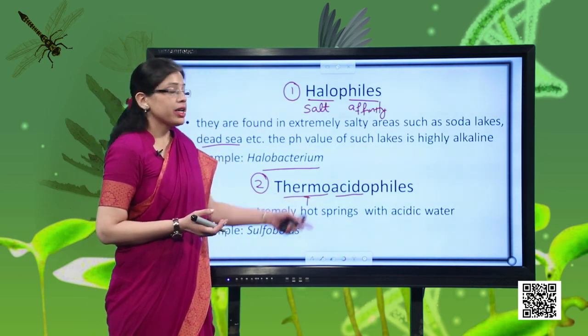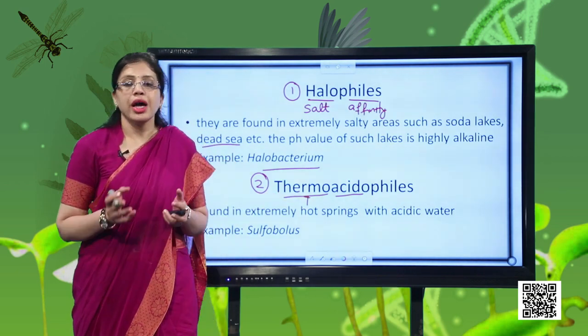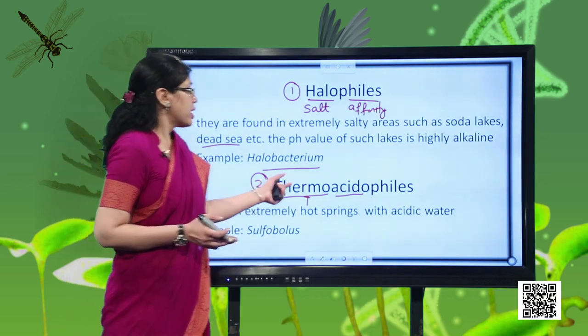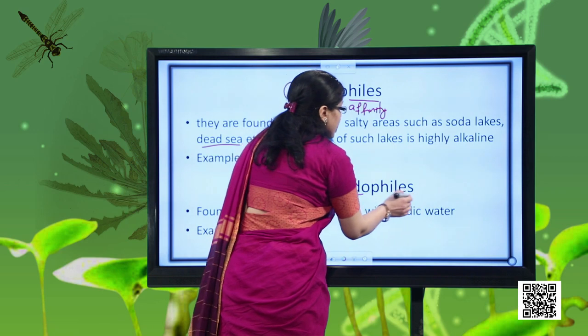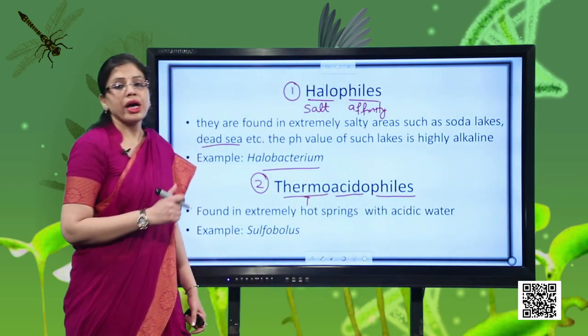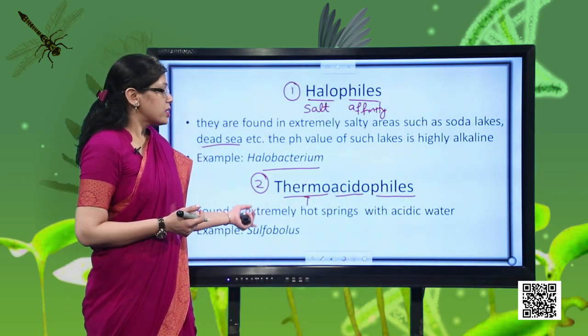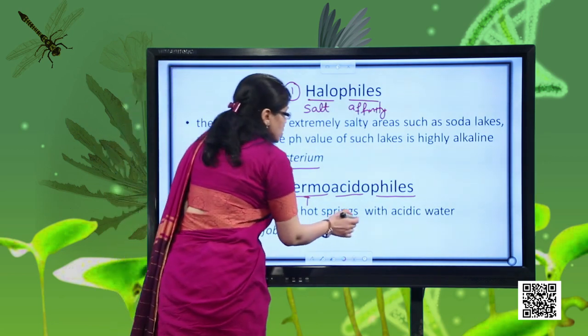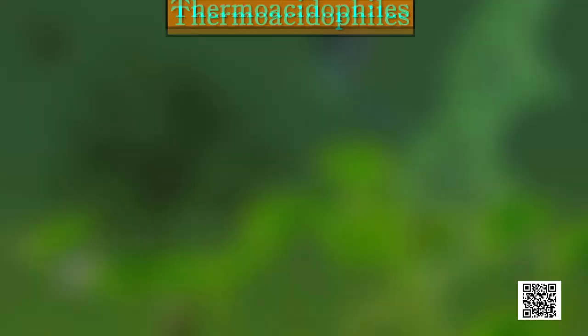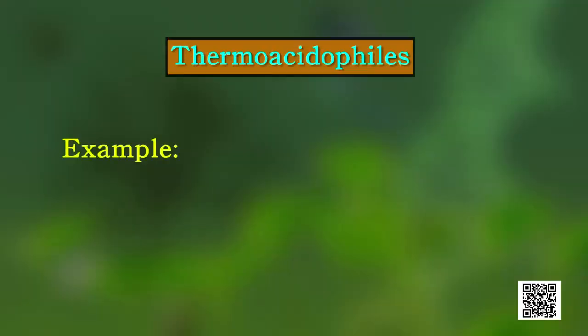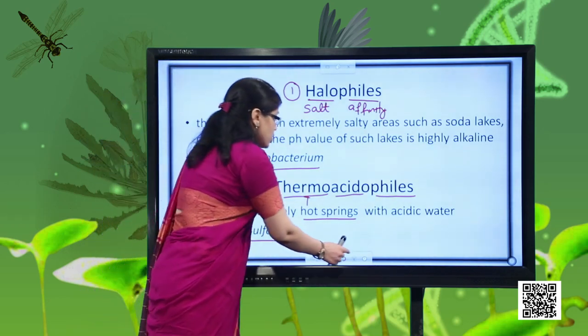So any habitat which is having high temperature as well as acidic medium, and in that habitat, if any bacteria is surviving, that bacteria will be called thermoacidophile. Thermoacidophile conditions are found in the hot springs. So all those bacteria which are present in the hot spring water, they will be thermoacidophile, and the classical example for this is Sulfolobus. Okay. Now let's shift to the next one.